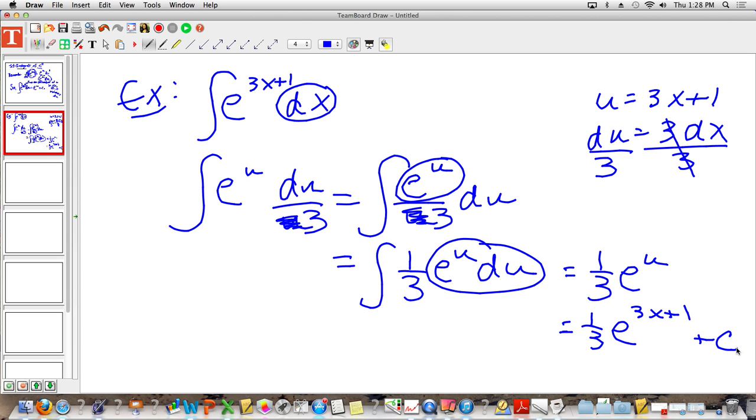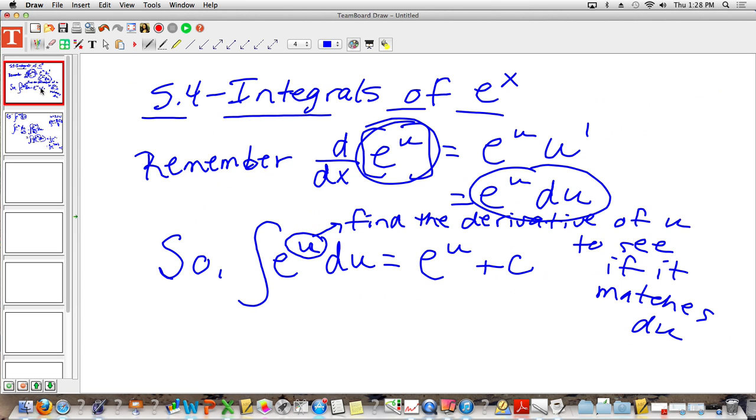So let me go back to where I defined the integral, back to the first page. The integral of e to the u du is e to the u. So once you take the integral, the du goes away. That du is there just to tell you that when you find the integral, your integral is going to be written with a u in it.